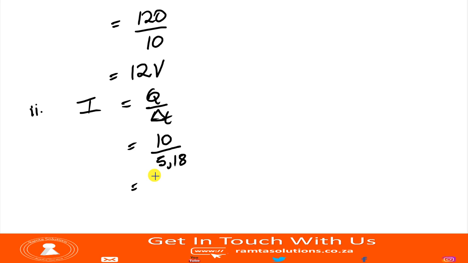I have to use a calculator here. 10 divided by 5.18 is 1.93. It is 1.93 amperes.